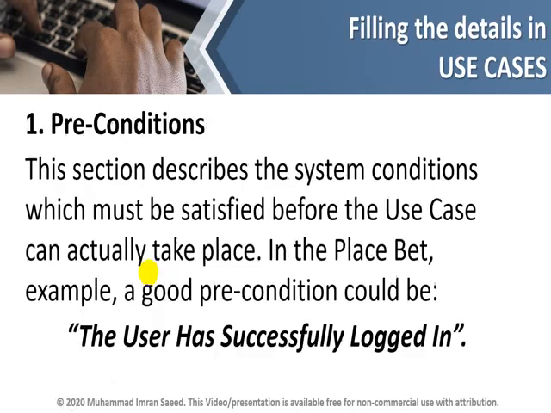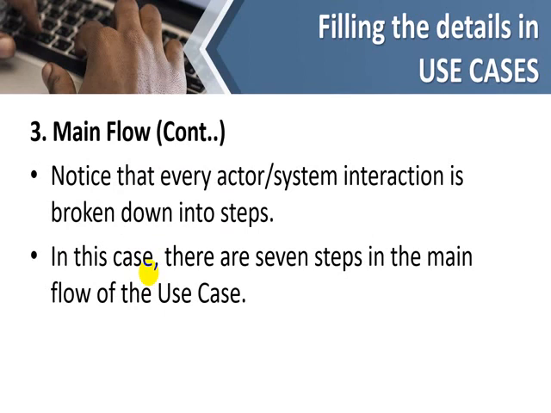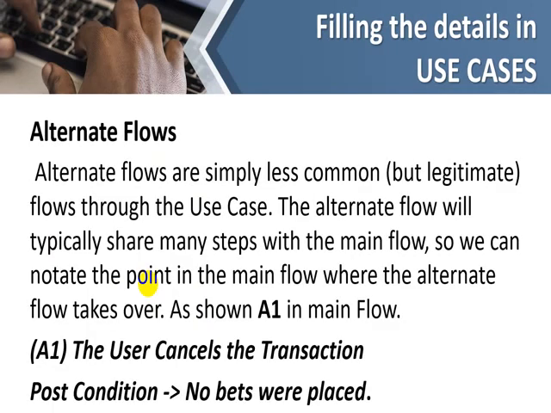Now, alternate flow: what can happen along with the same main flow? Notice that every actor-system interaction is broken down into steps. We have seen that the main flow is broken down into steps, and those steps are placed in the main flow. Now I was talking about the alternate flows.